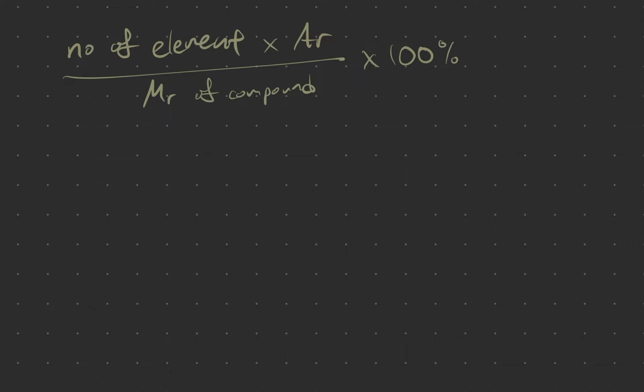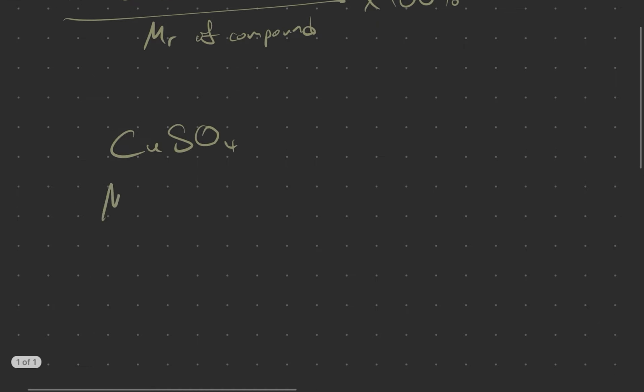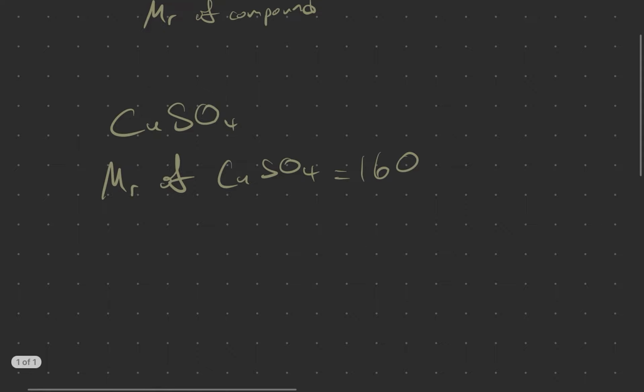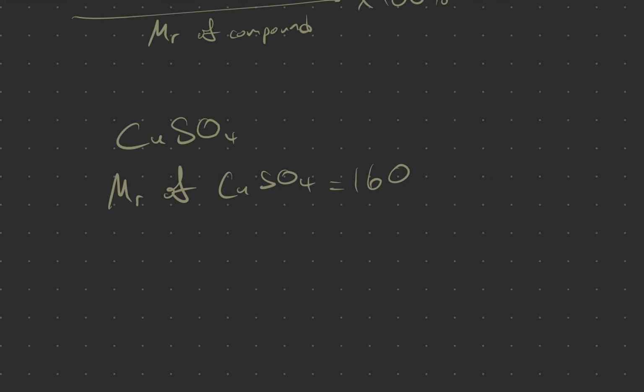Let's use copper sulfate as our model today. The Mr of copper sulfate equals 160. Let's say I want to find the percentage composition of copper in copper sulfate. So I need to find the Ar of copper first, which is 64.